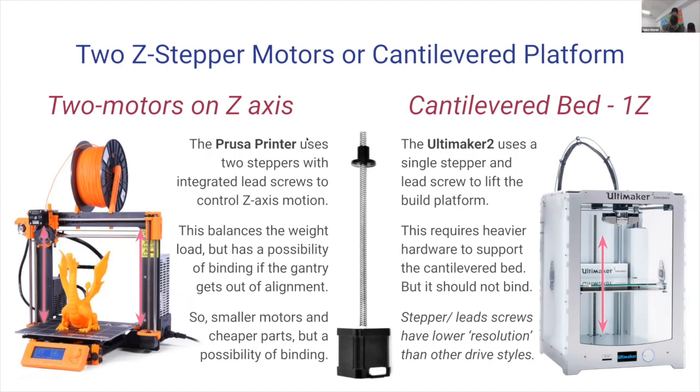And Z steppers are a common way to get the printer or the print head or the print bed on a 3D printer to move up and down. They're great, but they don't have very fine control because one rotation happens with 200 steps. And that sets a limit for how finely tuned you can be. There's no gearing in there, so it's not as easy to make it very fine tuned.